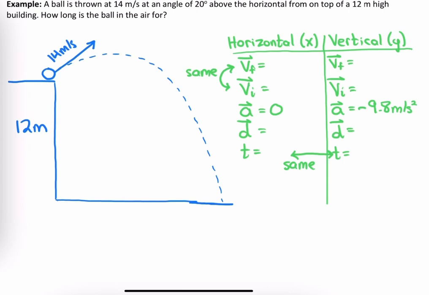So I can replace this with an x component and a y component. And to find out what those are, I'll need to do a little bit of trigonometry. Remember, I know this angle here is 20 degrees.